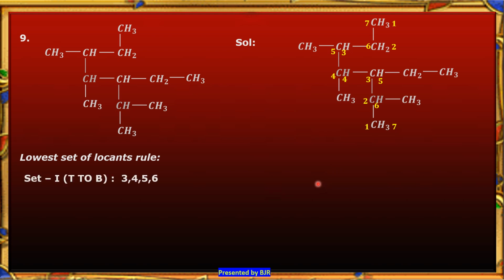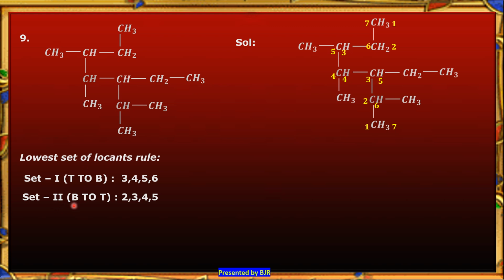From top to bottom, third carbon atom, next fourth carbon atom, this one, next fifth carbon atom, next sixth carbon atom. These atoms are bearing substituents. So these are the locants from top to bottom.